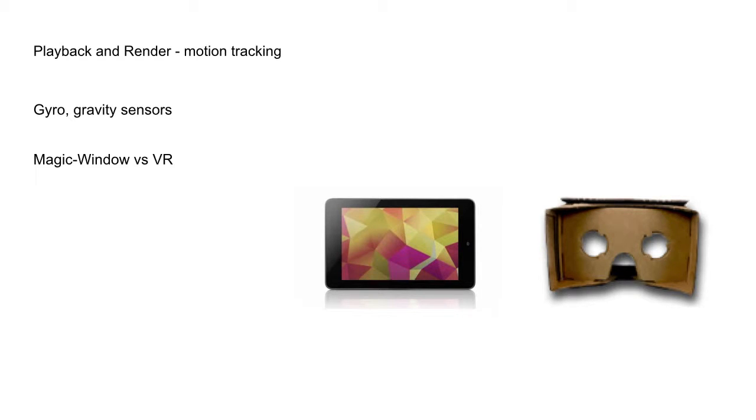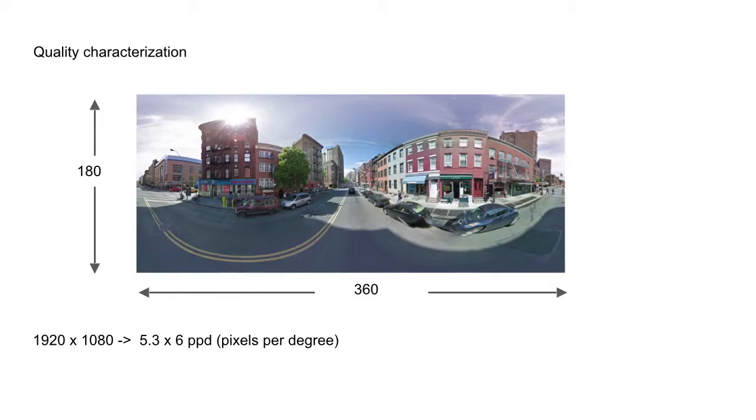So with that, let's talk about the quality of spherical videos. In this projection that we've been talking about, there's a horizontal field of view of 360 and a vertical of 180. This gives us 6 pixels per degree. So who knows what is the eye resolution in terms of pixels per degree?